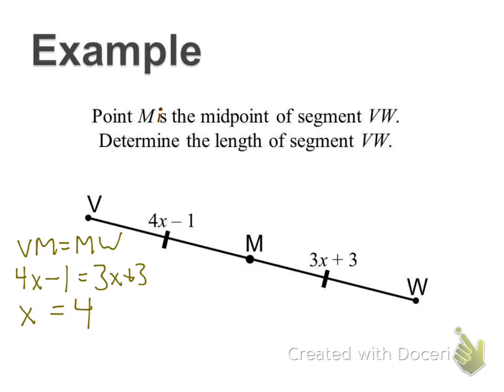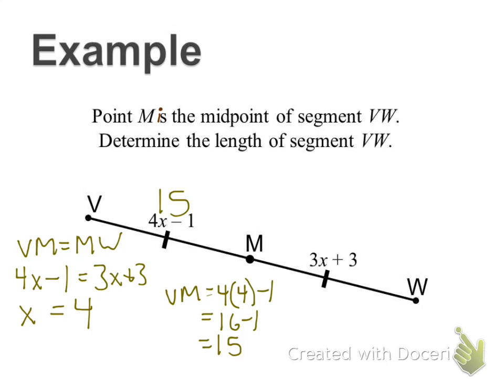Not our answer, we have to keep going. So VM, therefore, is 4 times 4 minus 1. I just substituted in 4 for x. That's 16 minus 1, or 15. Now, if that's 15, and we're thinking about a midpoint, we should know right now that MW should also be 15.